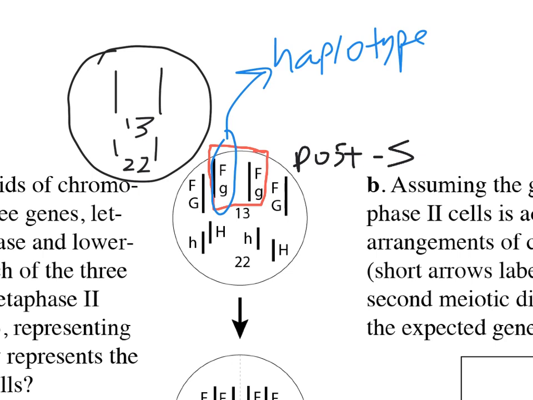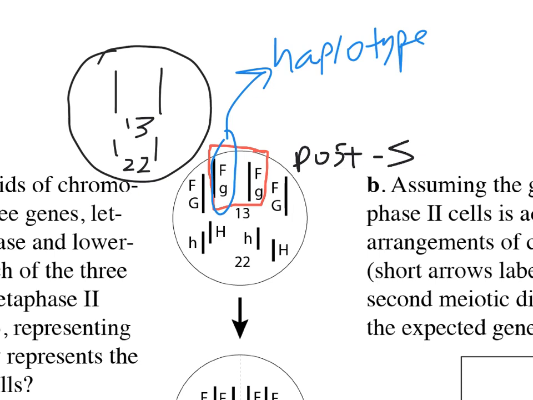Chromosome 13. If we work backwards from DNA synthesis, what happens? You go from 4 chromosomes, 4 sister chromatids here, to 2. So what are their haplotypes? What goes on each? What are the genes? What are the versions, the alleles on each of those pieces of DNA?